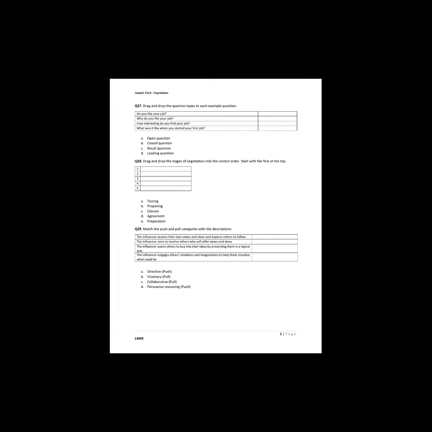Question 27. Do you like your job? We are looking at the types of questions. We've looked at open questions, closed questions, recall questions, leading questions. Do you like your job? What type of question is that? It's a yes or no question, so it's closed. Why do you like your job?